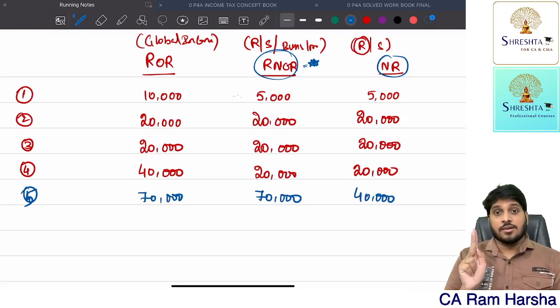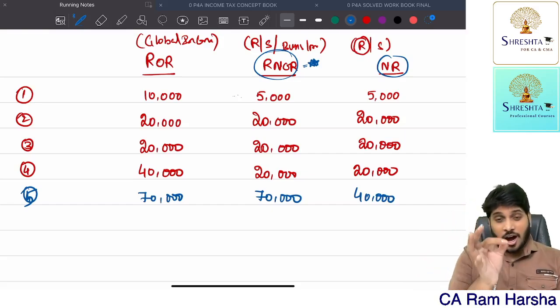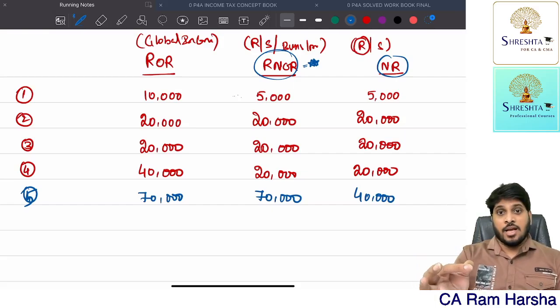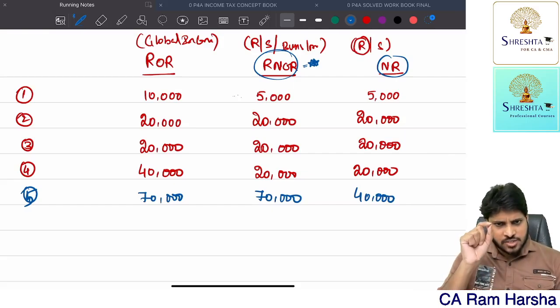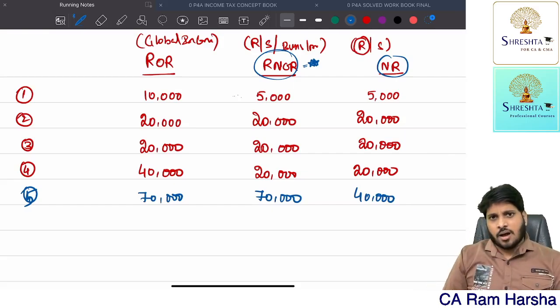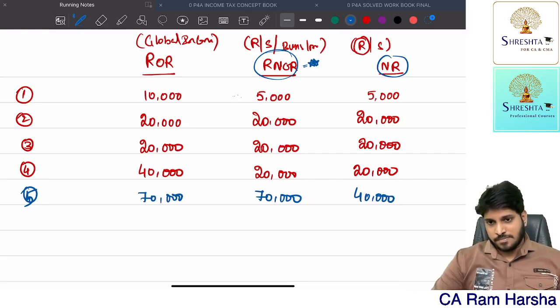Third, for RNOR only, even though the source and receipt are outside, if it is from a business controlled from India or a profession set up in India, it is taxable. If you are a non-resident, a business or profession outside India controlled from India is not taxable at all. Only for RNOR it is taxable.